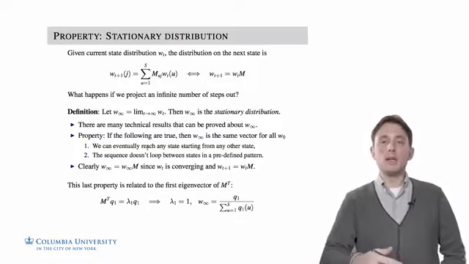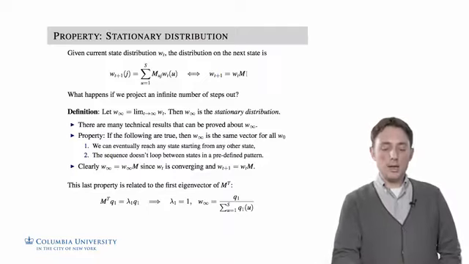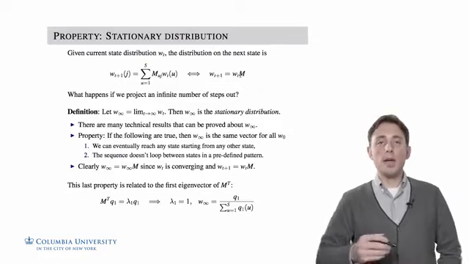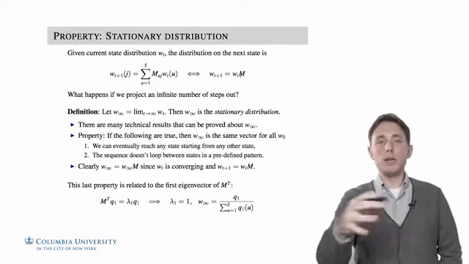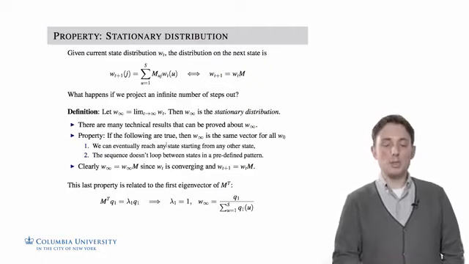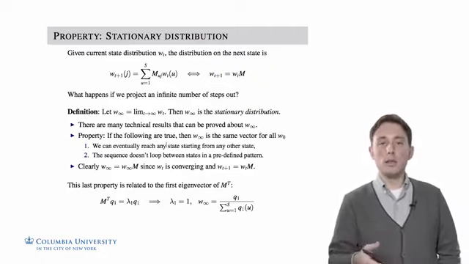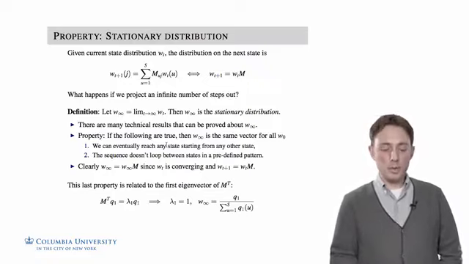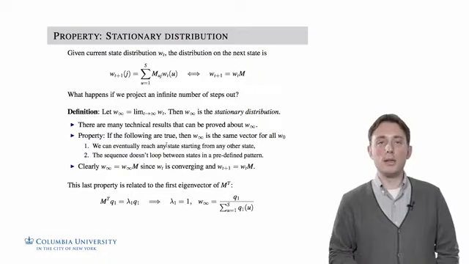That says that if I start in a particular state and then transition according to the Markov transition matrix M, at some point I can eventually reach any other state, no matter where I start. Also, the sequence can't have any sort of hidden loops where we're cycling between states in some deterministic way.